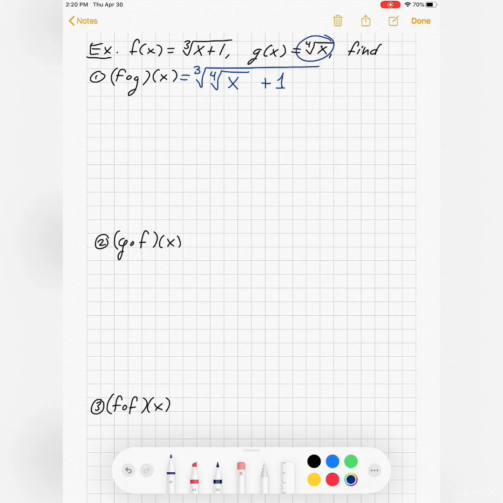So actually I cannot simplify this, and the reason why is because I have this sum in the middle here. If you think about this, you could actually write this in terms of fractional exponents instead of radicals, right?